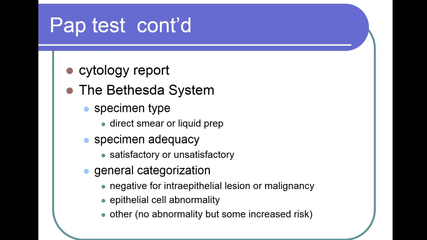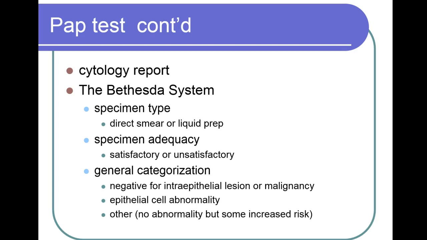The Pap smear is evaluated by the Bethesda system. This certainly is very all-inclusive. It gives the physician lots of information. First of all, it will say what kind of prep it is, direct smear or liquid. Then it will say if it's satisfactory or not. Then it will give a general categorization, one of three.